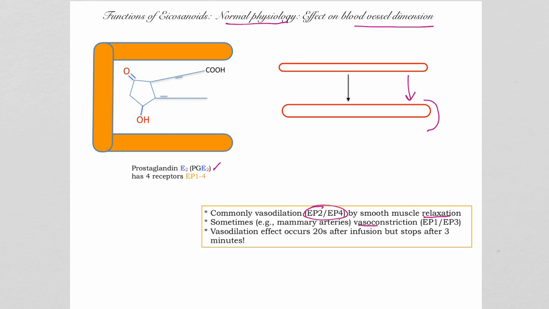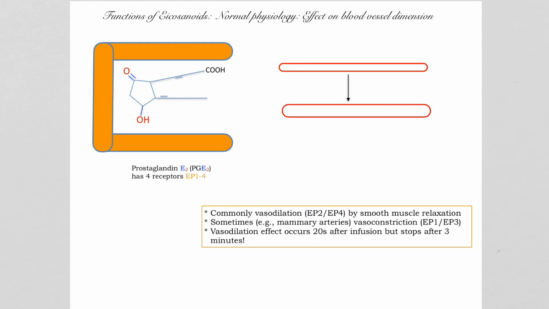Sometimes there is vasoconstriction, rarely. That occurs through EP1, EP3. This vasodilation effect is very quick, occurs in about 20 seconds after you infuse the prostaglandin. But as I mentioned, these prostaglandins are very short-lived, so they are destroyed very quickly. So the effect lasts only about a few minutes.